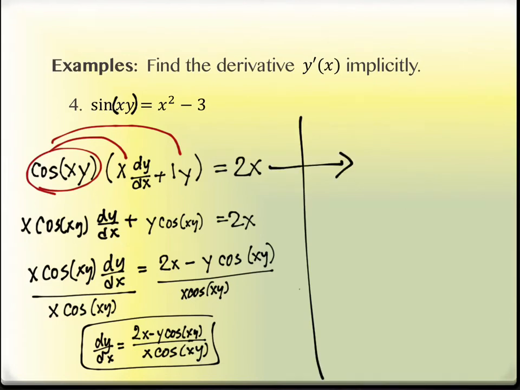If I take this step right here and I don't distribute, but instead I notice that the cosine of xy is multiplied by stuff that has the dy/dx in it, I could simply divide by the cosine of xy at that point. That's another option. So let me copy this and do that.